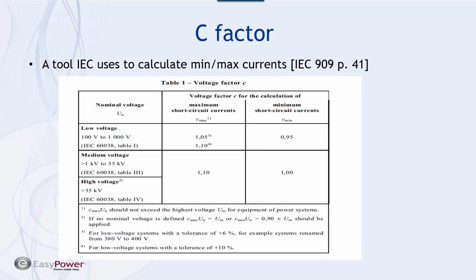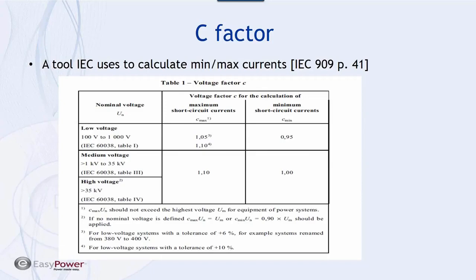You would see that Cmax and Cmin, and the C factor in general, once you choose it, also impacts some of the factors otherwise known as K factors in IEC, and they are important change parameters or values that can adjust the impedance values. The C factor is going to impact them.